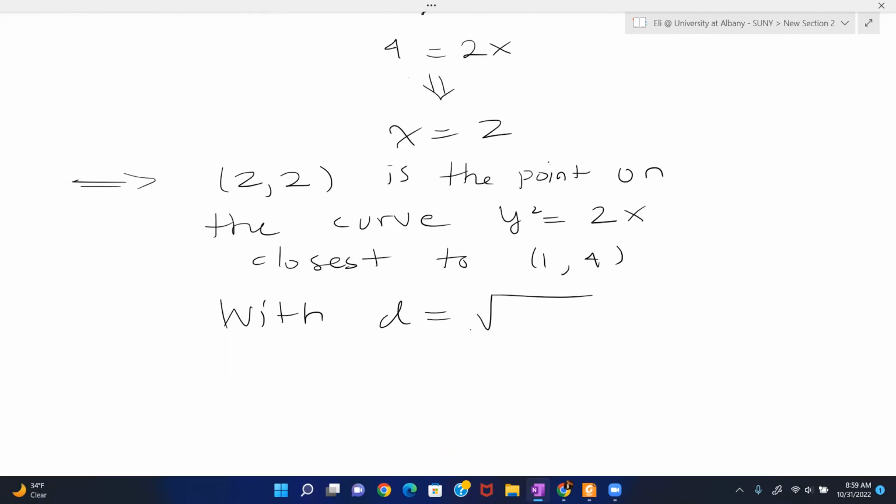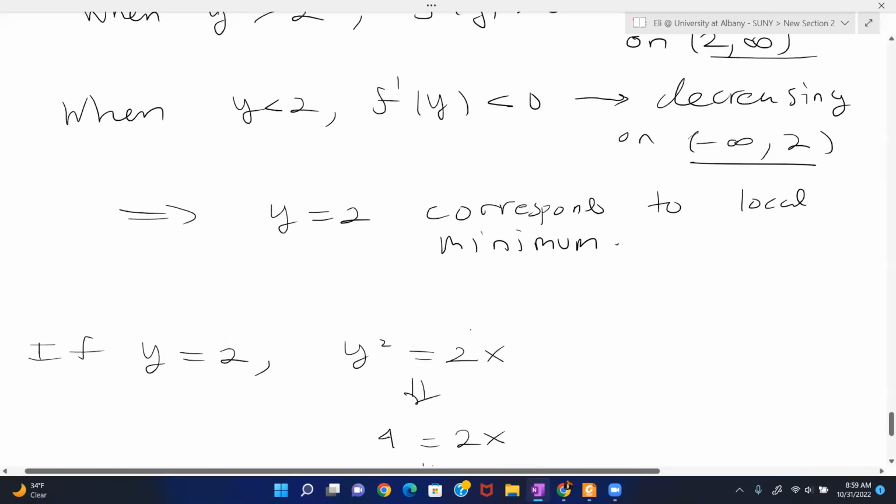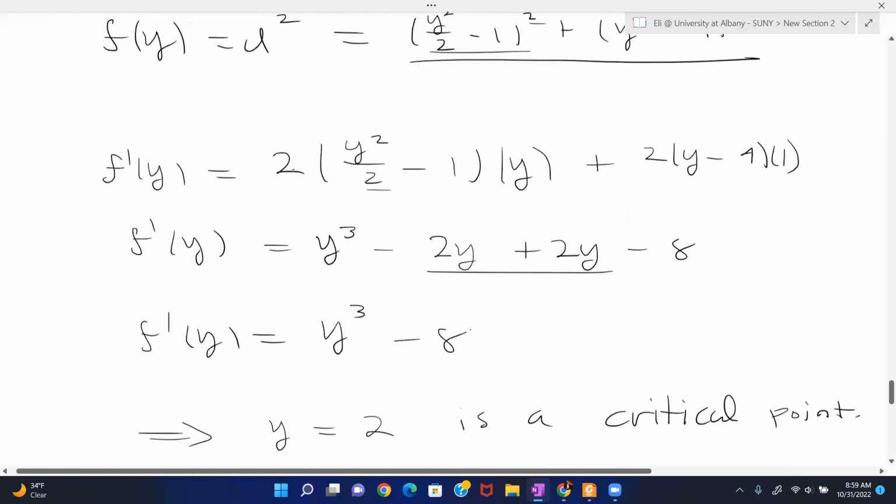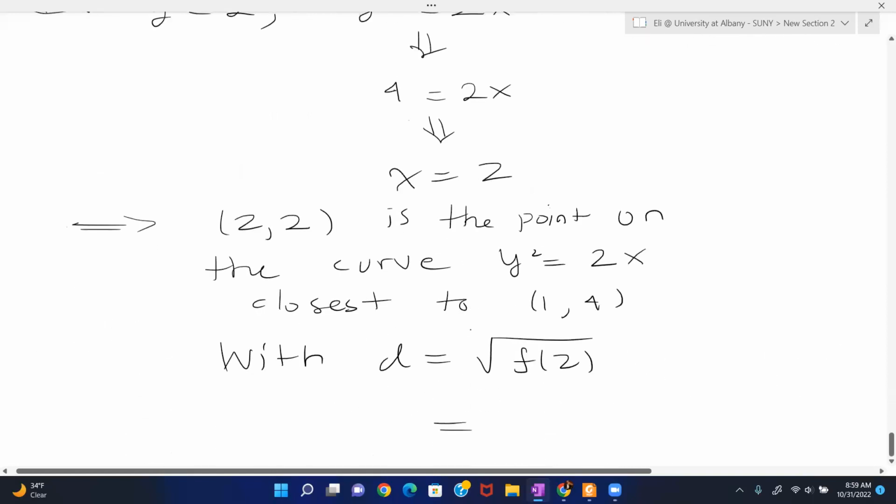D is equal to the square root of f of 2, and when you plug 2 into this function right here, you get 5, according to the book. So it will be a distance of root 5. All right, I think that's enough.